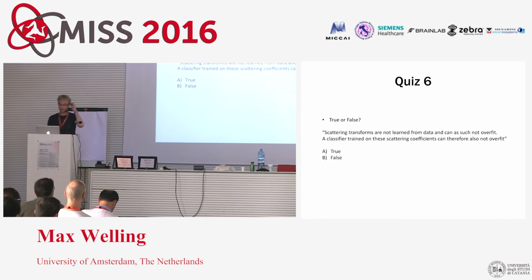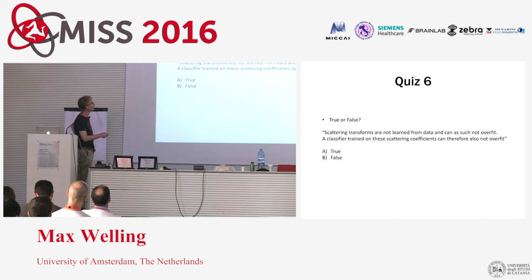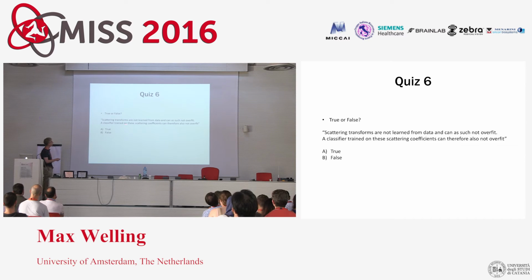Okay, so here's a first quiz question then. It's quiz 6, but I'll be going back in a minute to slides that come before, since I've reordered a little bit. So the question is, scattering transforms are not learned from data and can as such not overfit. But a classifier trained on these scattering coefficients can therefore also not overfit, right?